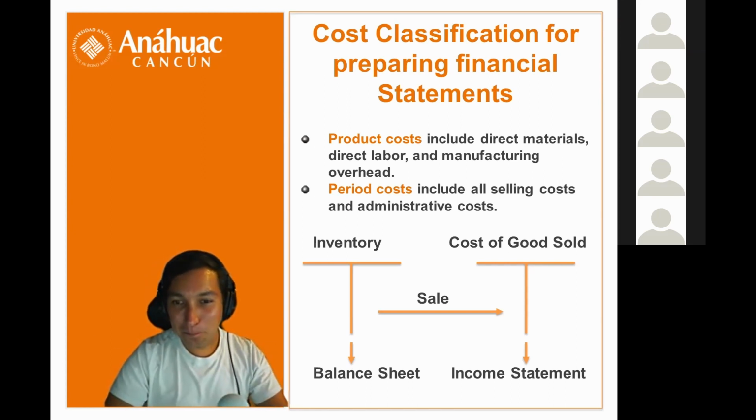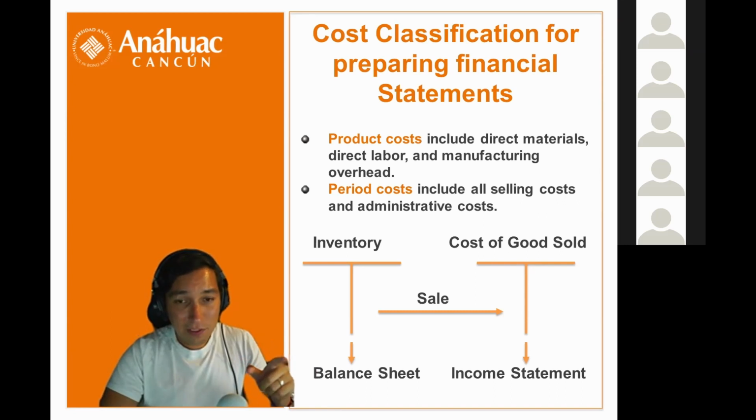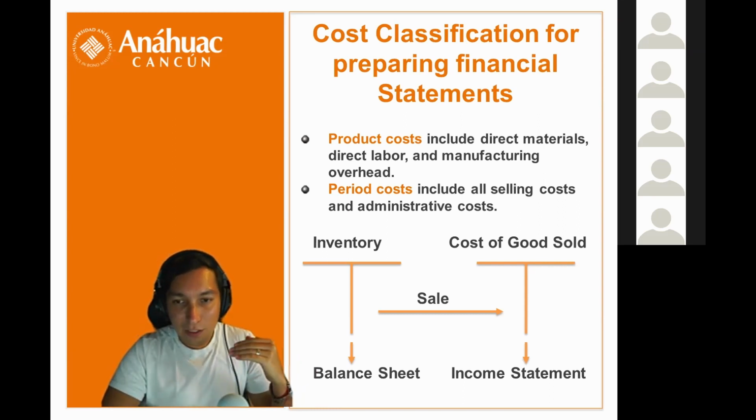So that's the product cost. And then we have, as you are watching, period costs. And these are all the costs that just get expensed in the period in which they are incurred. That would include all of our selling and administrative costs. And we expense them in the time frame in which they happen, the accounting period in which they are incurred.